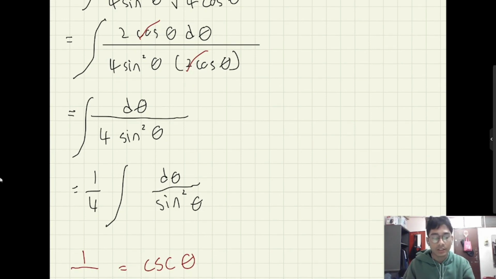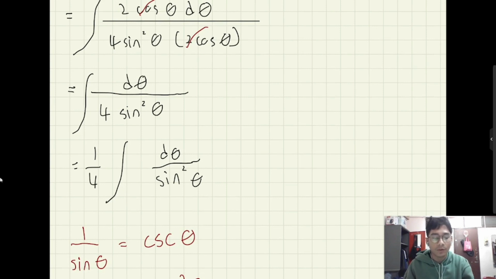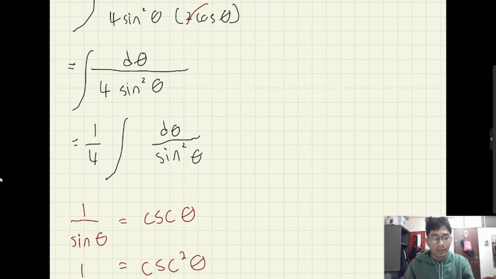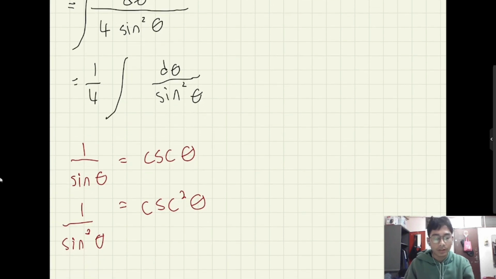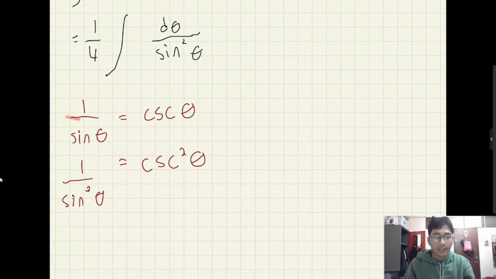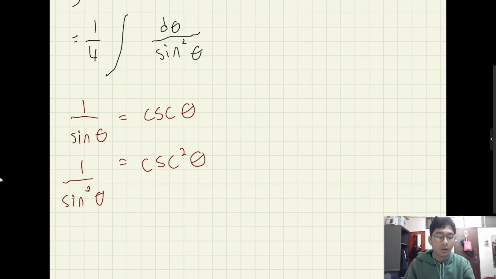To make it easy to integrate this equation, I put out the 1 over 4 like this, and then we know that 1 over sin theta is equal to cosec theta, so that means 1 over sin square theta equals cosec square theta.